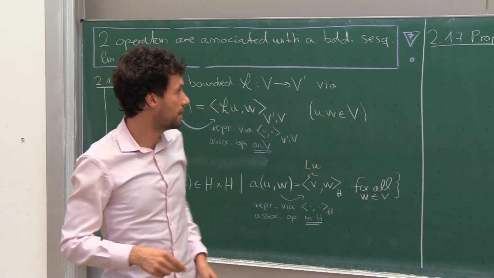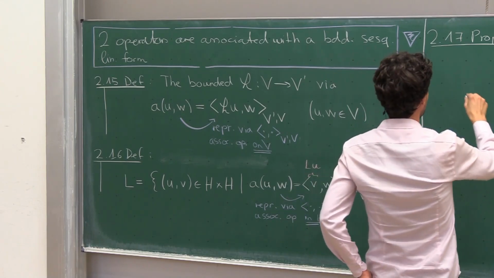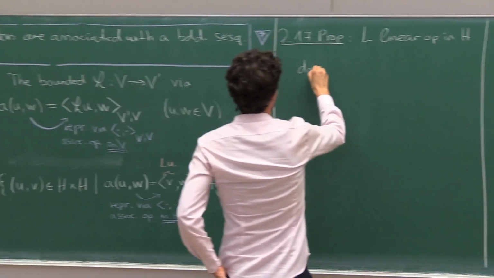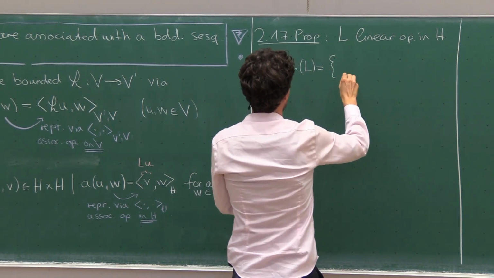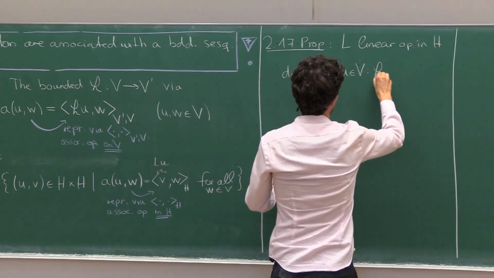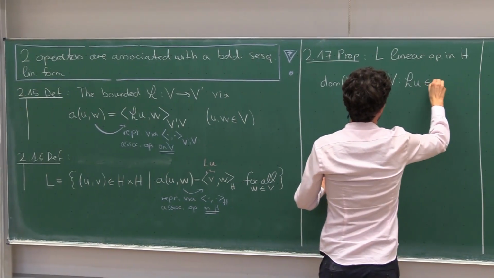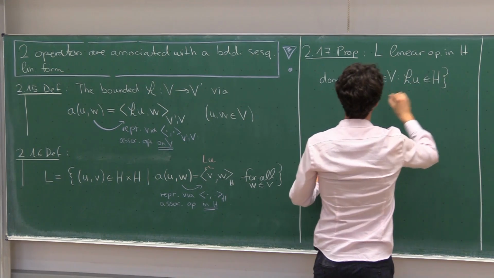And this is precisely what's happening here. So I claim that the L is a linear operator in H, and that I know its domain. The domain of L, these are all elements U in V, with the property that LU is again in H, and not just in V prime.